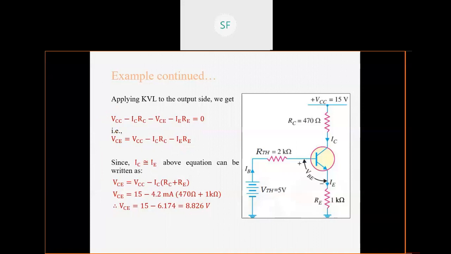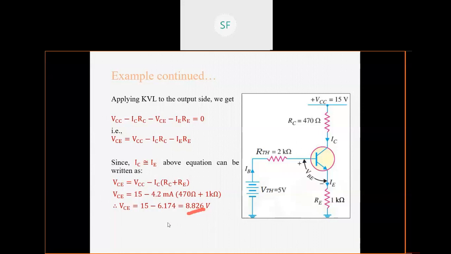So now you have to observe two things here, the value of VCE and the value of IC in both the methods. Okay. So we will just have a quick look that in the second method the value of VC is 8.826, right?